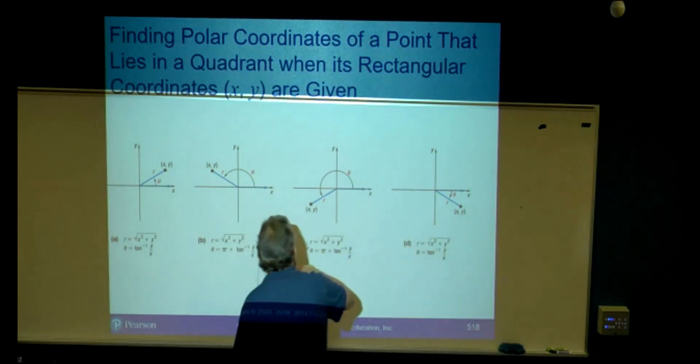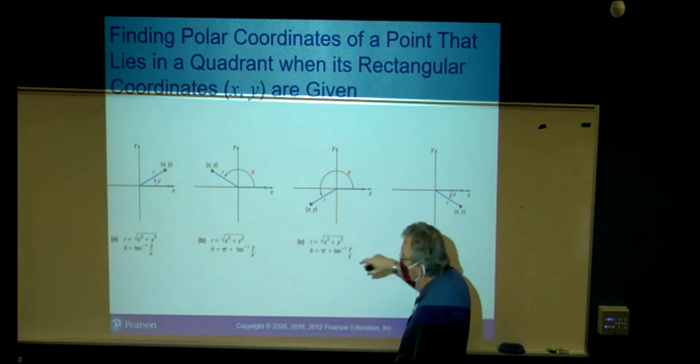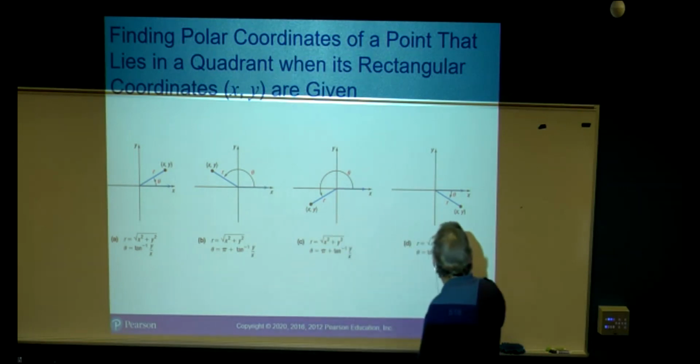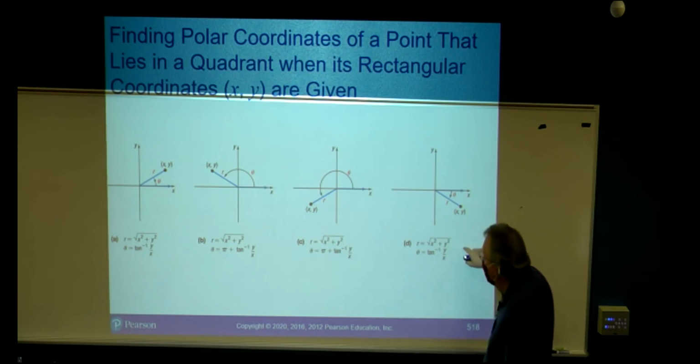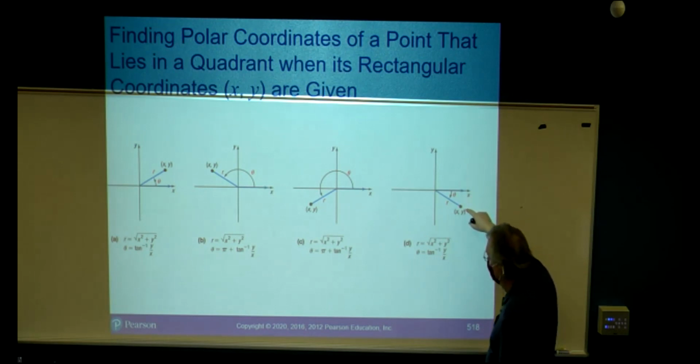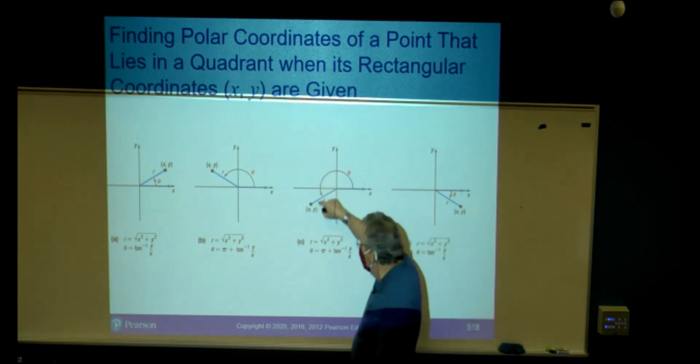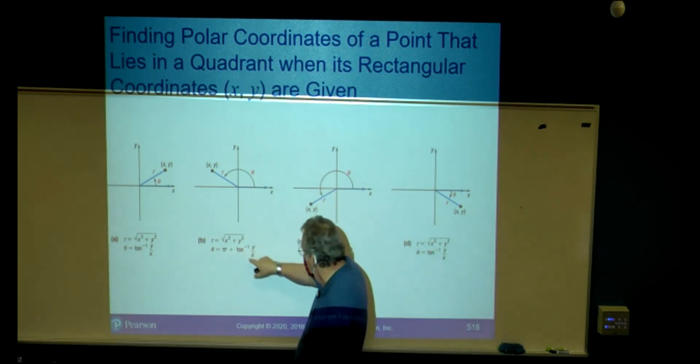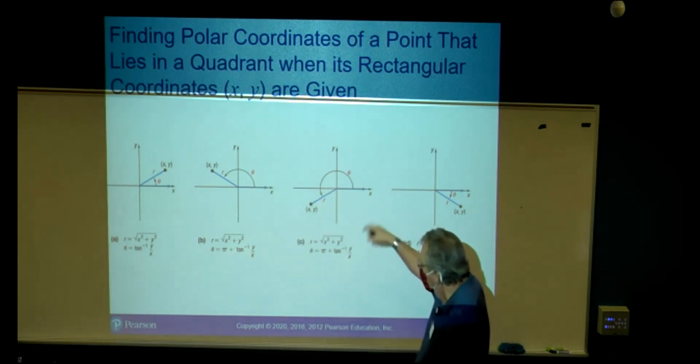If you wind up in the first or fourth quadrant, you're just going to do the inverse tangent of y over x, because that will make you wind up in the correct quadrant. But if your point is in the second or third quadrant, I need to add pi to the inverse tangent to get me to the proper angle.